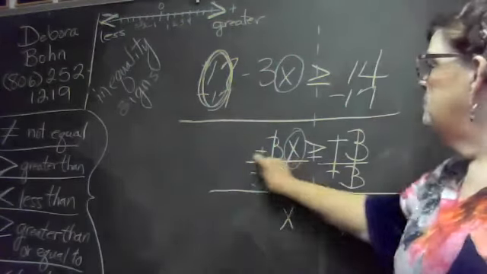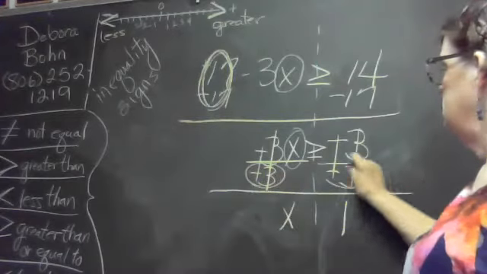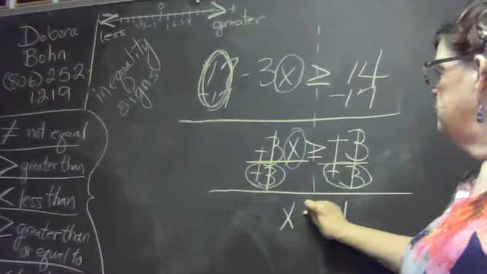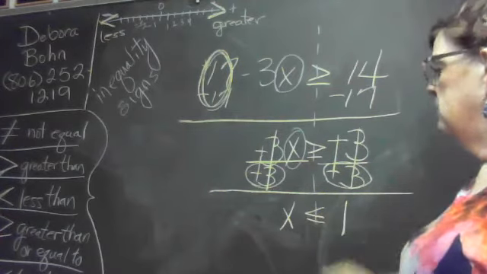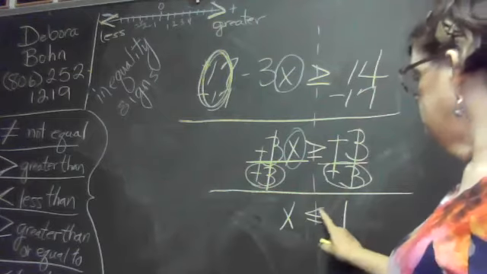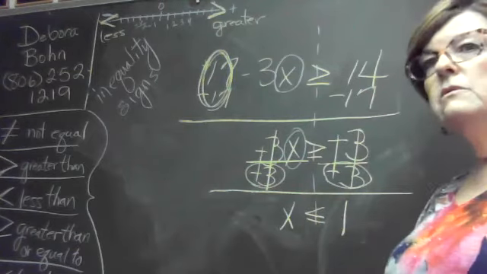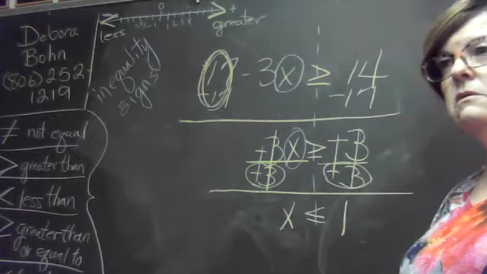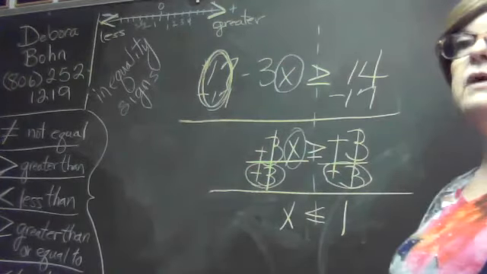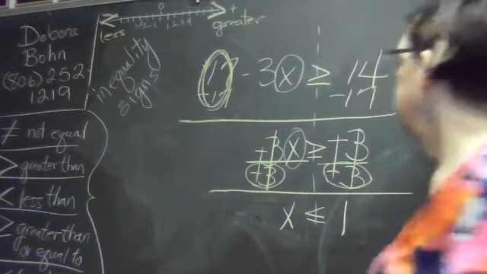We divided by a negative, so I know that this sign switches in the next step. And that means it's less than or equal to. Do I need to write all that down? Yeah.